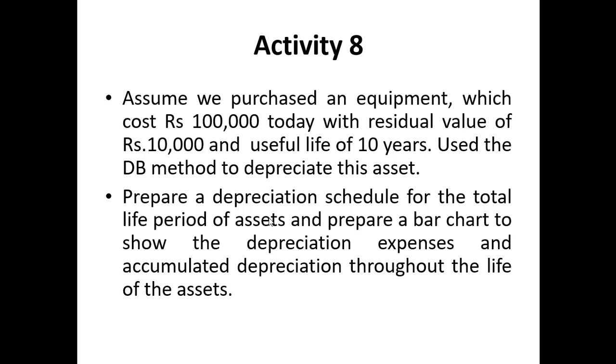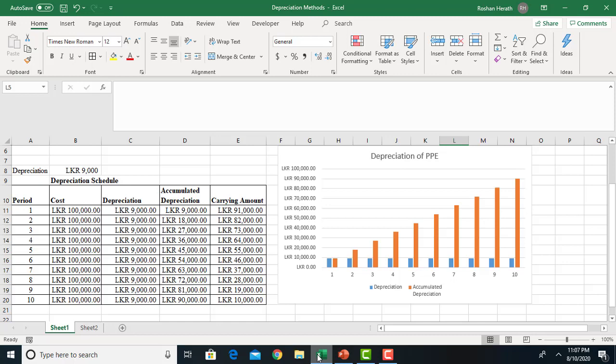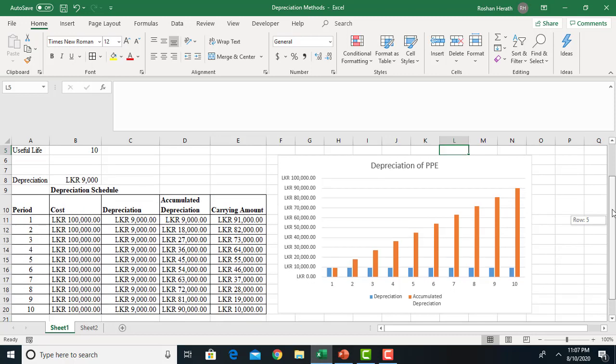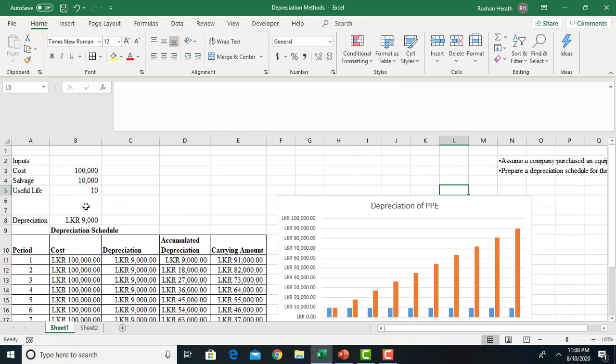You've also been asked to prepare the depreciation schedule and the graphical representation. Here we have done the straight line depreciation method, the first method we did.